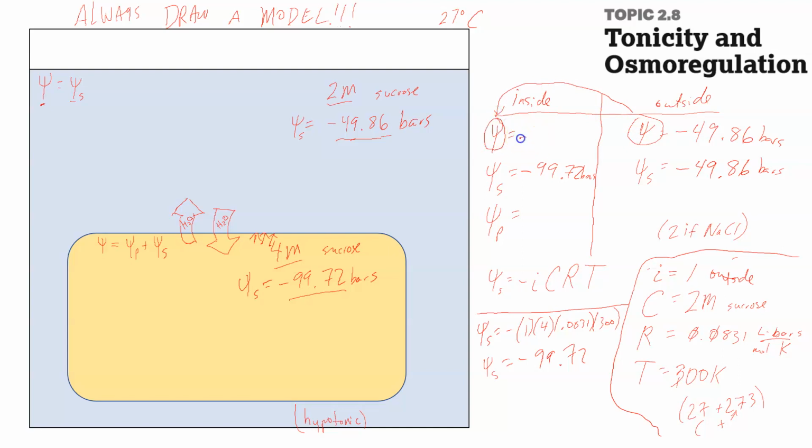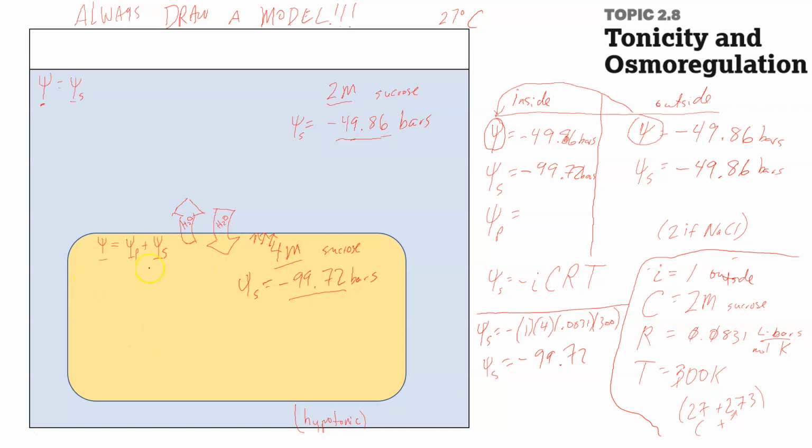So if those two are equal, that means you've got negative 49.86 bars. Total water potential inside. Your solute potential is this, and if you have both of those numbers and you remember this formula over here, you can calculate what that pressure is that this cell is operating at.